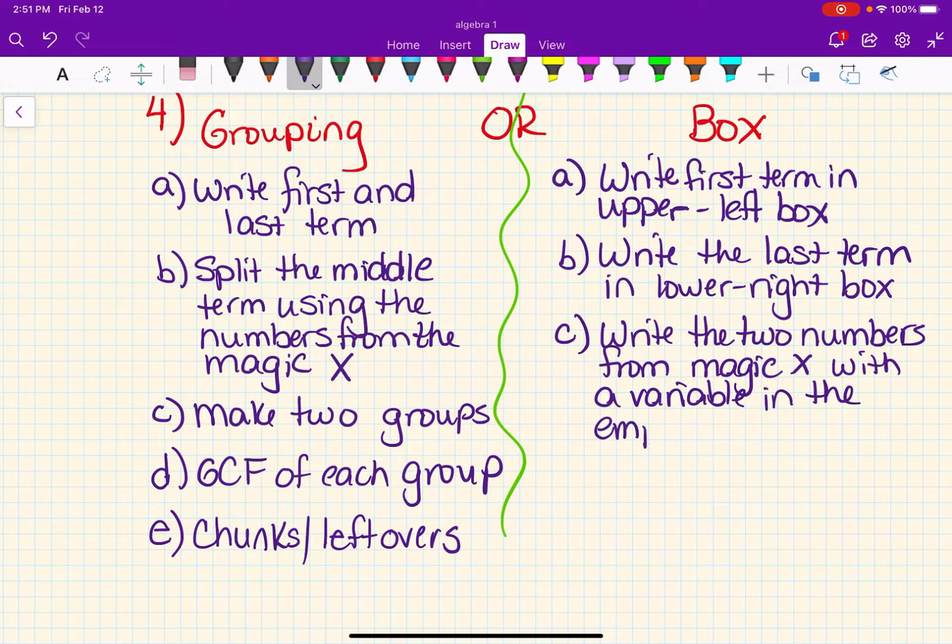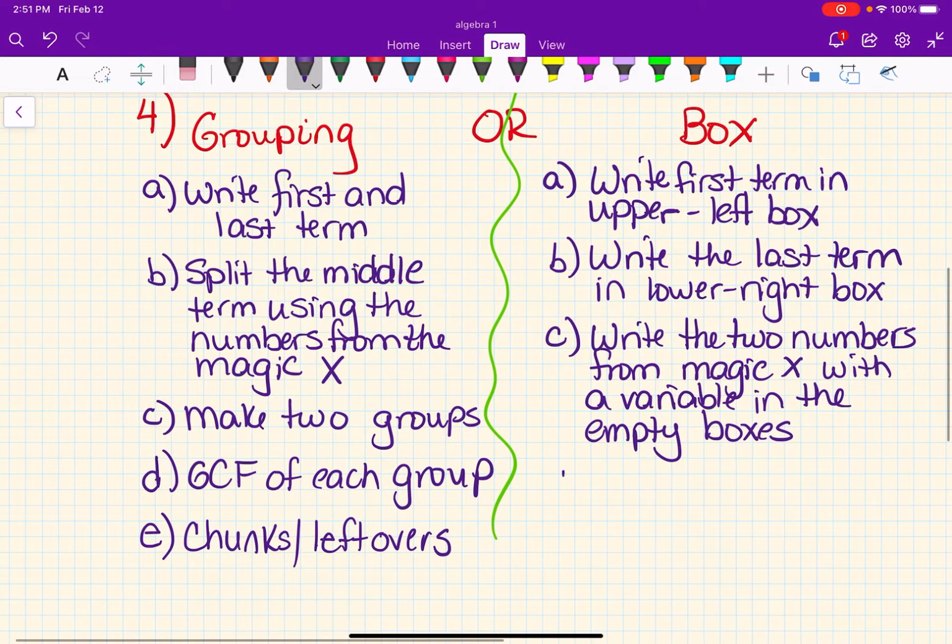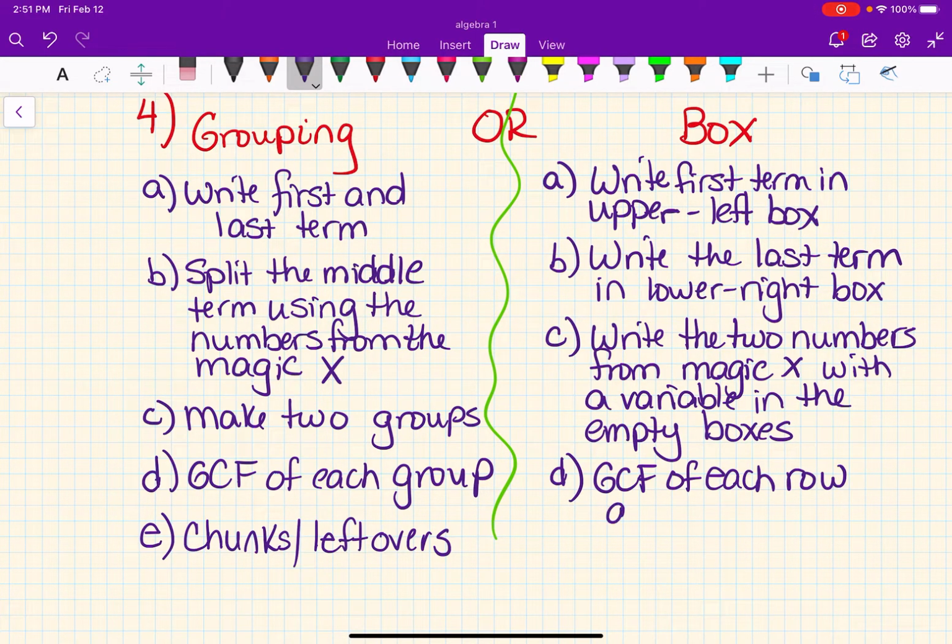It doesn't matter which one goes where. You'll get the right answer no matter where you put them, okay? So then D is GCF of each row and each column.